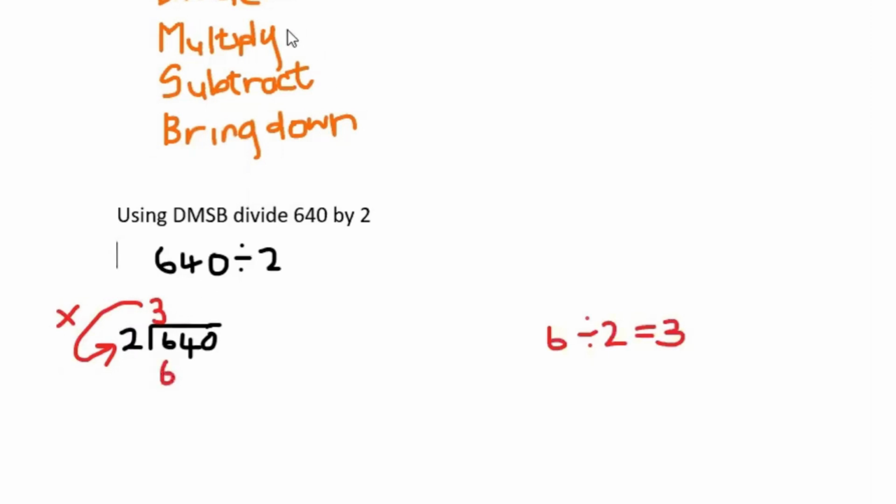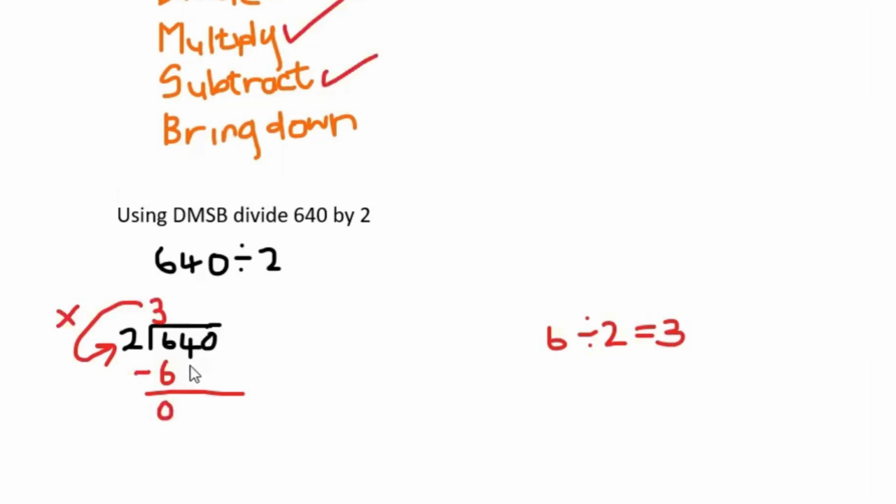So we've completed the multiplication step. Then you have to subtract. 6 minus 6 is 0. Do you agree with that, Fariso? Yes. Okay. We've completed the subtract step.